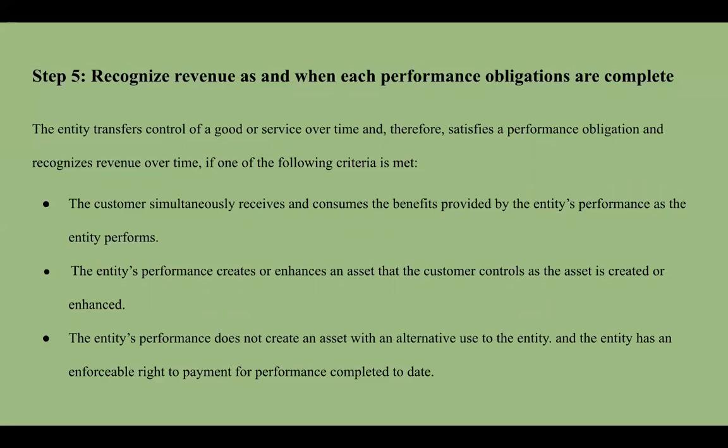The second one, the entity's performance creates or enhances an asset that the customer controls as the asset is created or enhanced. The third one is the entity's performance does not create an asset with an alternative use to the entity. The entity will have an enforceable right to payment for performance completed to date.